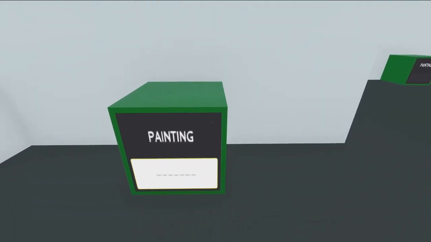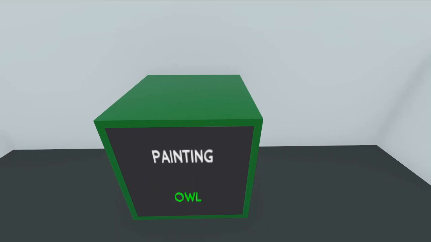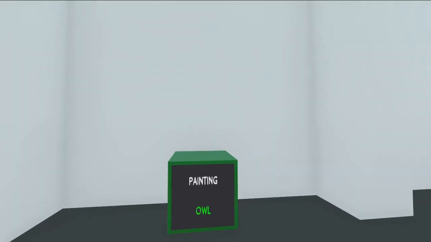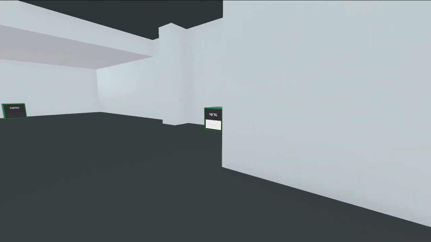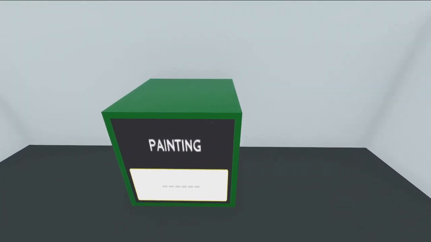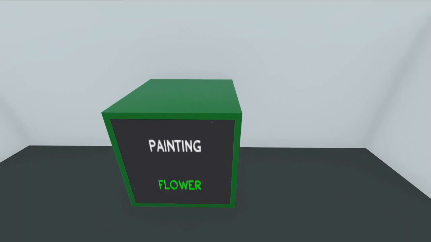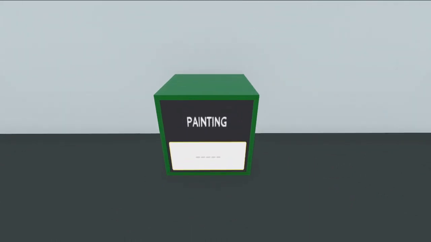Painting. Okay, so maybe it's all the different paintings I've seen. Painting. Owl. Okay, so we've seen a painting of an owl. Got it. So what are the other paintings that I've seen? 6 letters. I'm trying to picture them. There was a flower. All right. Painting. 5 letters. There was a clock.